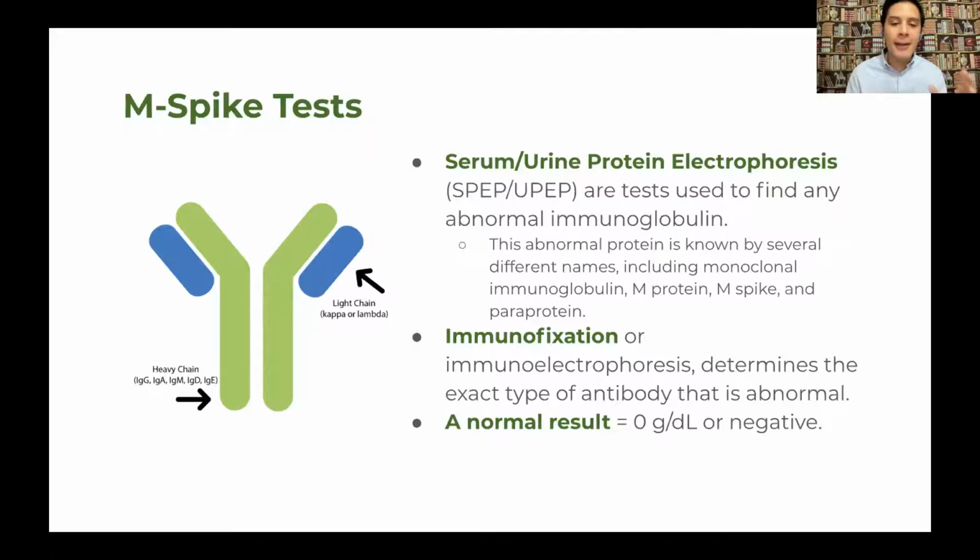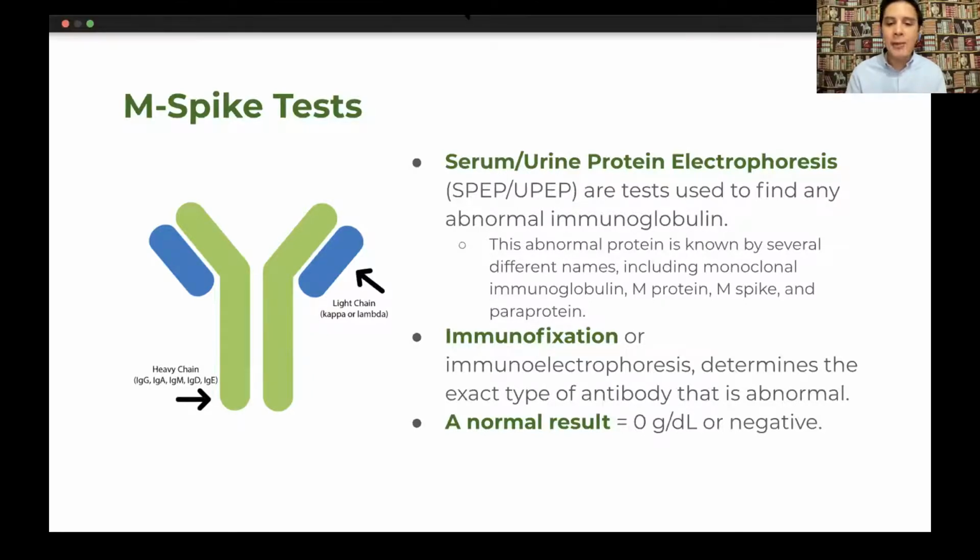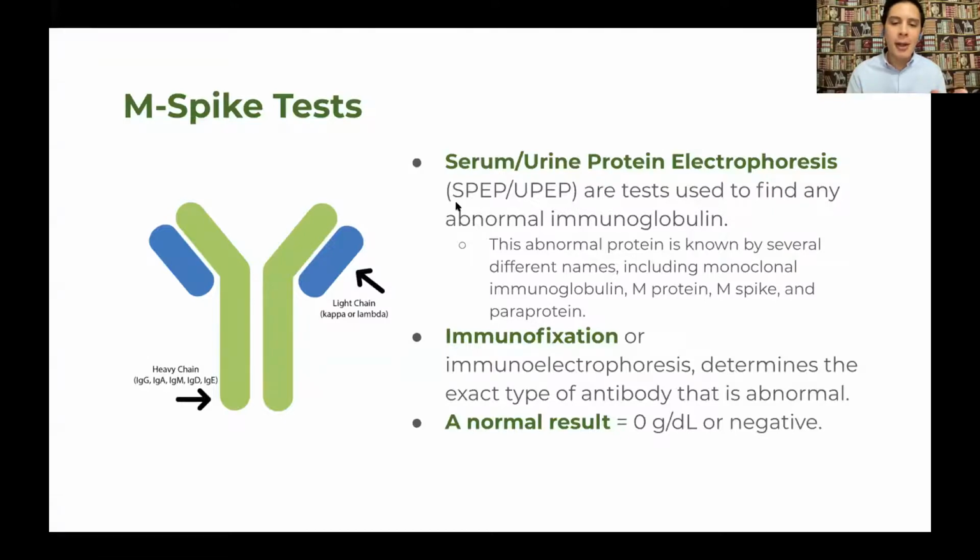An easy way to identify this value is with the reference value of the test. A normal result is to have 0 monoclonal proteins. So this is the only result that should have a reference value of 0 or negative. These results will give us a baseline that can be followed to measure the response to your treatments.